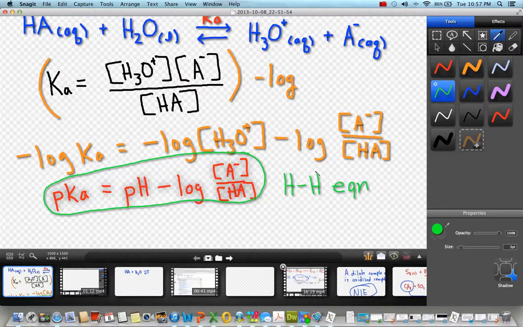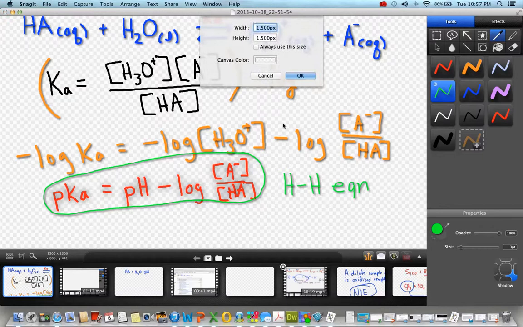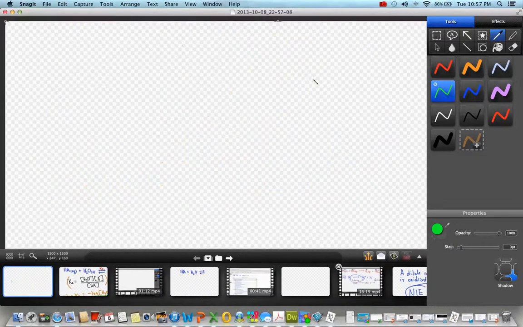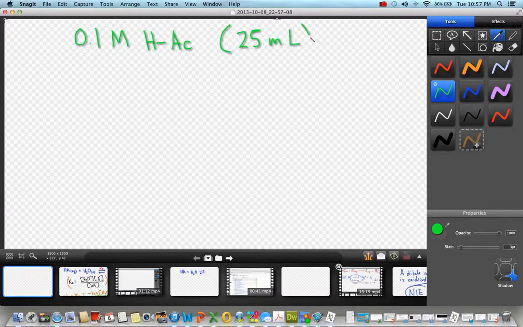So let's go back to a question that we answered in class on Monday. Let's imagine that we have a 0.1 molar acetic acid solution, and let's imagine that we have 25 milliliters of this particular solution.